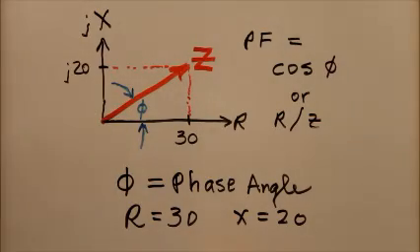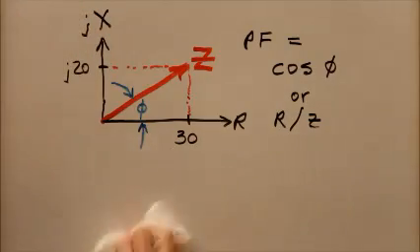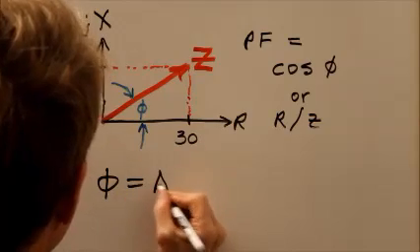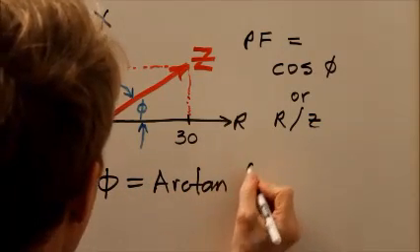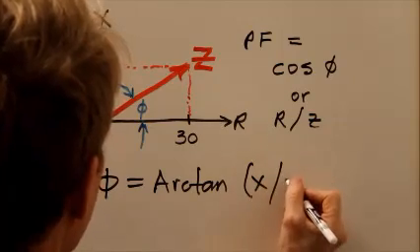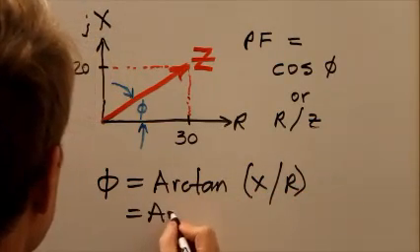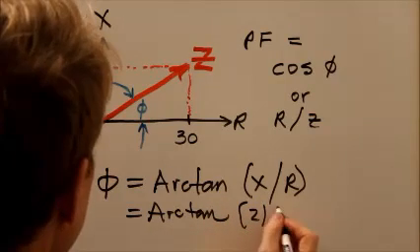Well, let's find phi, the phase angle. We can take the arctangent of X over R, which is the arctangent of 2/3.